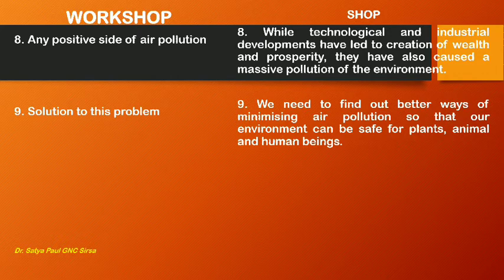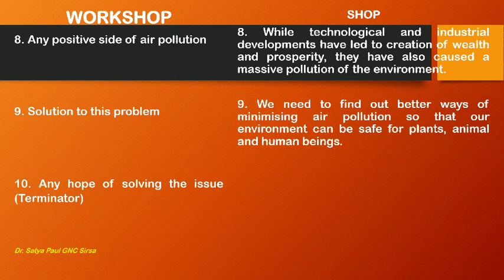For whom? Again the same list, the catalog, has been used, keeping in mind plants, then animals, then human beings. So what is the hope? Any hope of solving the problem or the issue? As I told you in the theory part of writing a paragraph, we will have a terminator.